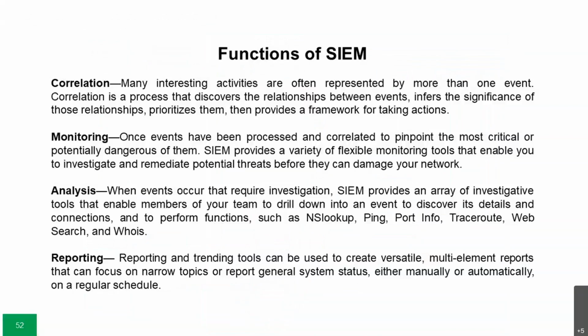Functions of SIEM: correlation, monitoring, analysis, and reporting. Correlation means many interesting activities are often represented by more than one event, so we need to correlate these events.